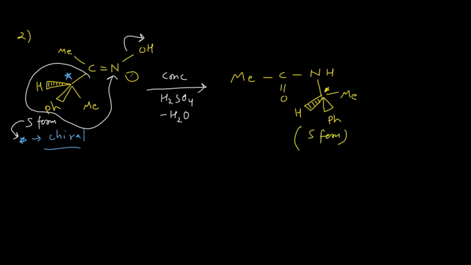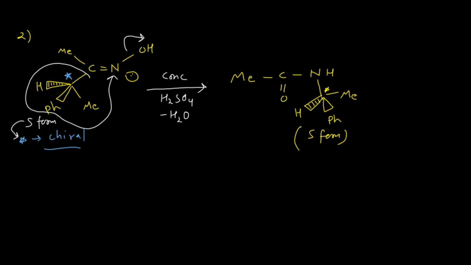So again it is a chiral center, and again it is in S form. It has to be remembered, guys, whenever your carbon carries a group which is anti to the OH and it has some stereochemistry, then this stereochemistry would be retained in the product as well. This is another example of the stereospecificity. In that case, retention of configuration is taking place.